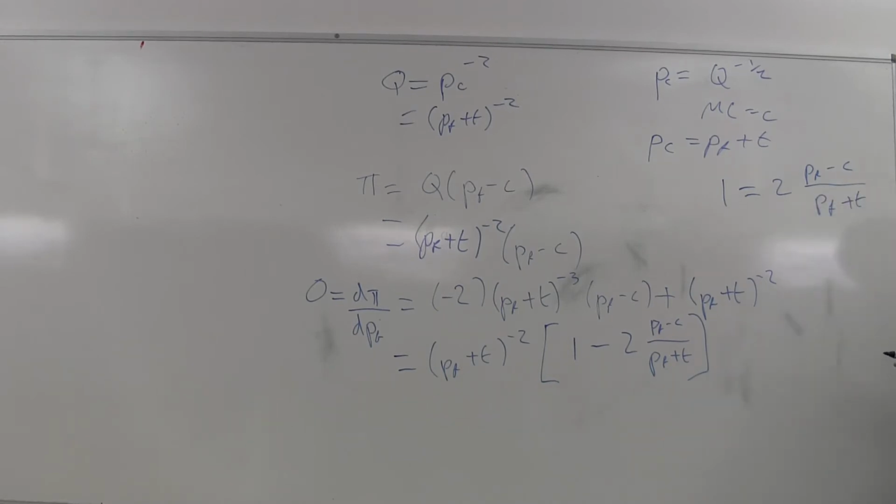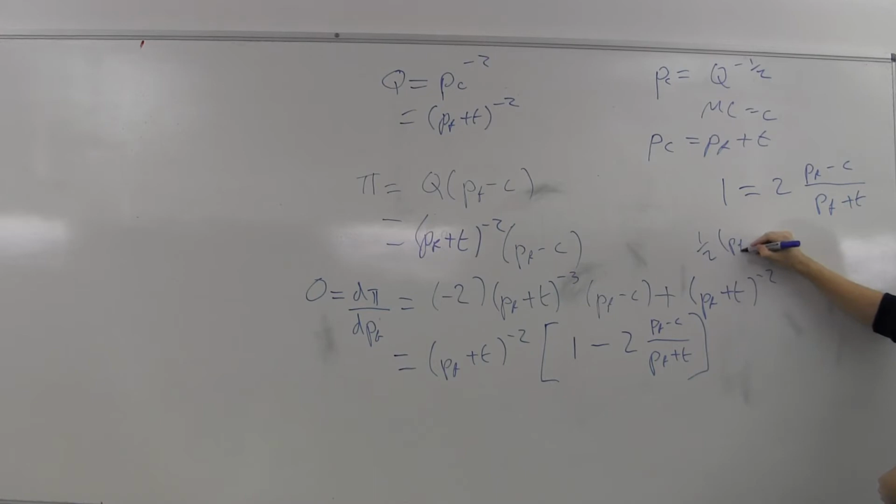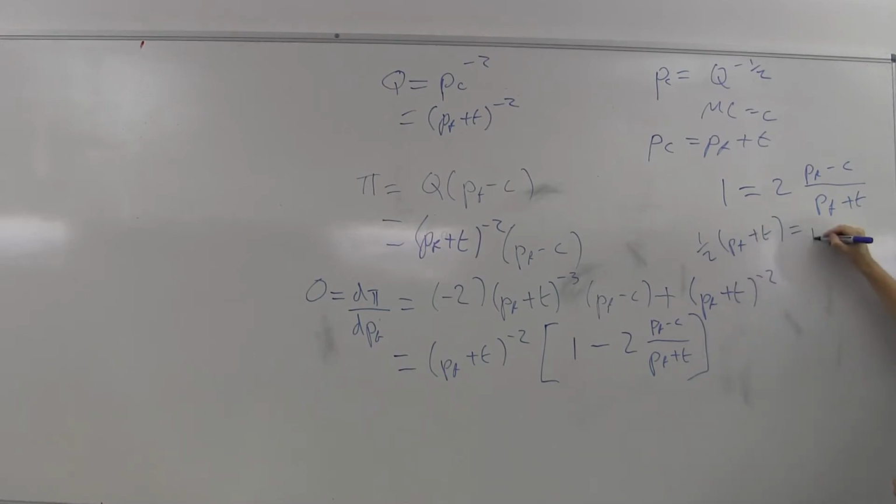Let's divide by 2 and then multiply by pf plus t. So we've got a half pf plus t is equal to pf minus c. So now this is just linear, we can do this. We've got 1 pf here, we've got half a pf there.